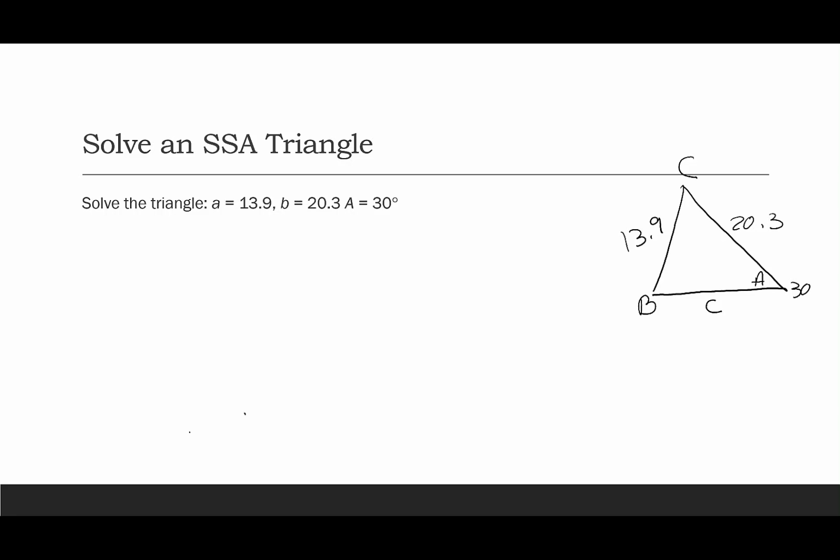Using the law of sines, we have that the sine of 30 over 13.9 is equal to the sine of B over 20.3.